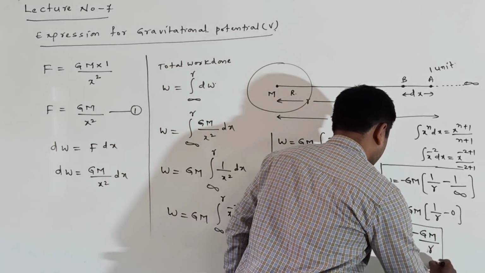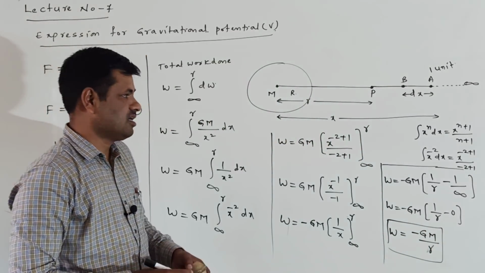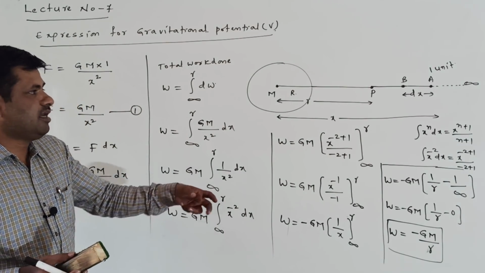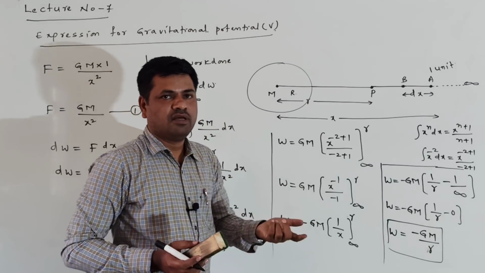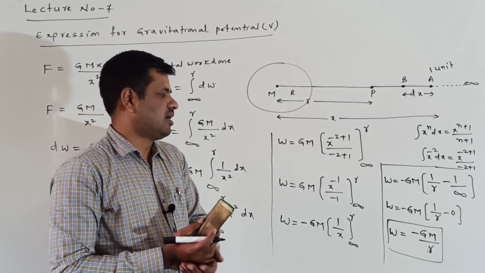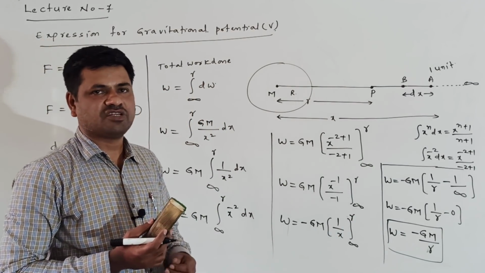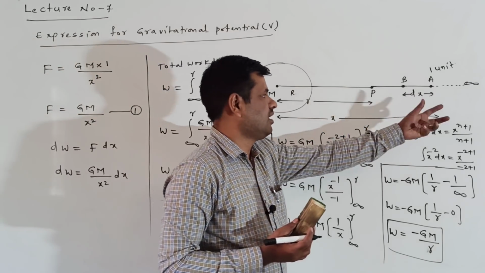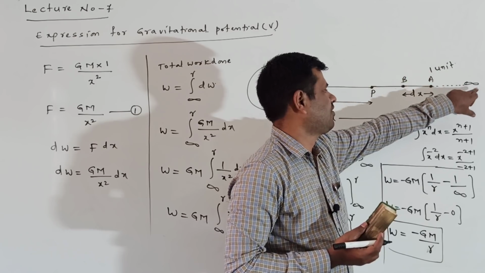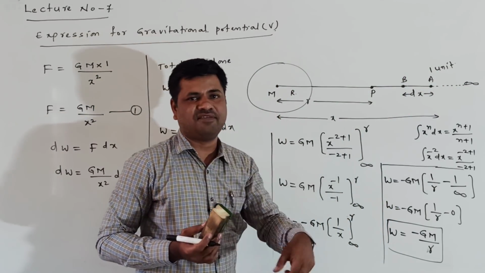This work done is called as what here? Potential energy? Because the amount of work done taking a unit mass from infinity to a point, that work done is called as what here? Gravitational potential. Gravitational potential means the amount of work done taking a unit mass of body from infinity to a point in the gravitational field.